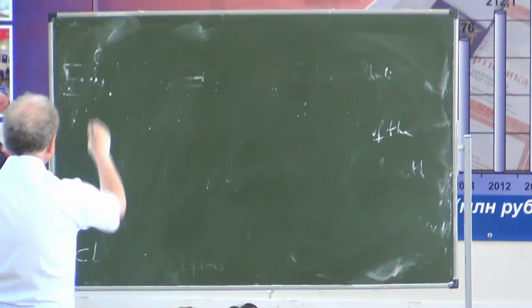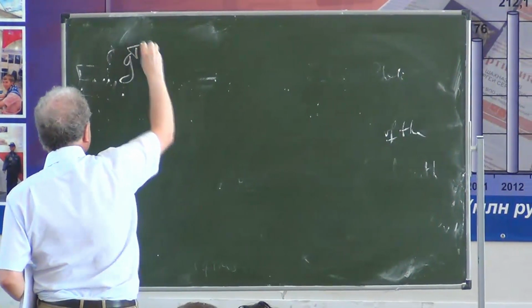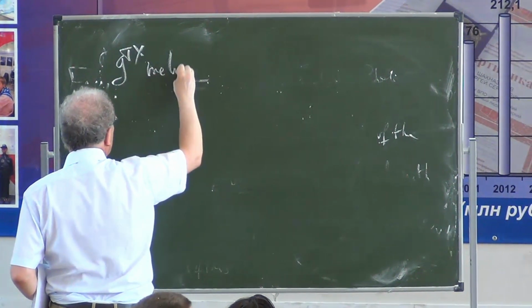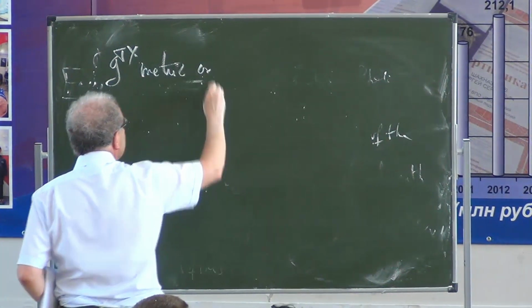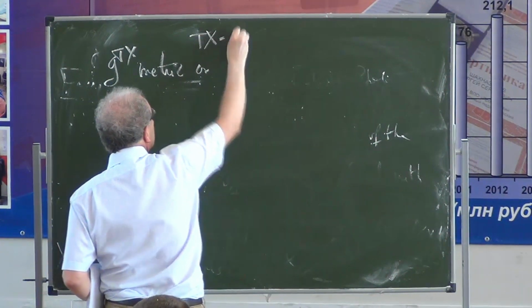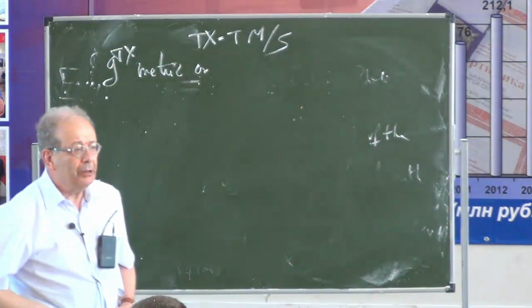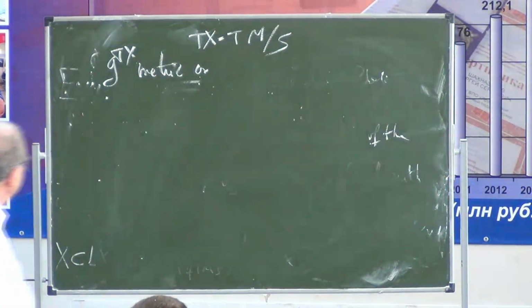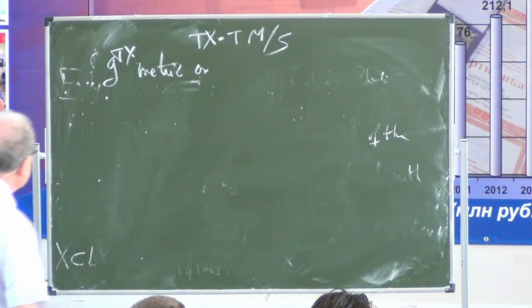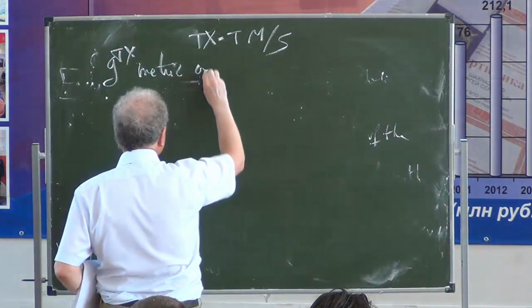And so in this case, if you give yourself g^TX to be a metric, so TX here is just a relative tangent bundle. It's TM over S. It's a tangent bundle to the fibers. So I give myself g^TX to be a metric on TX.